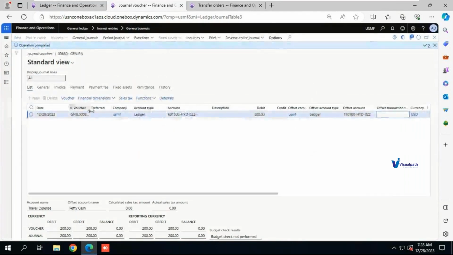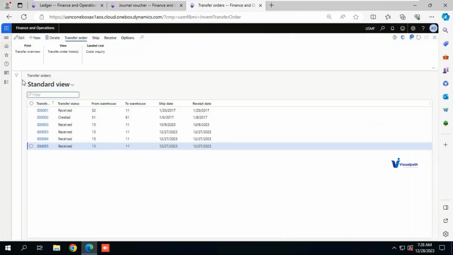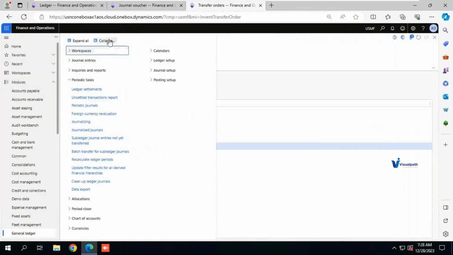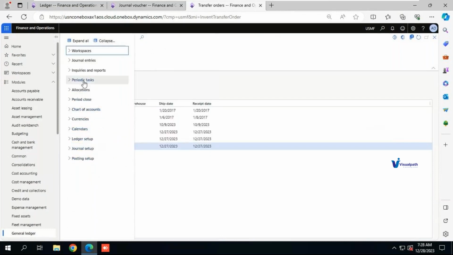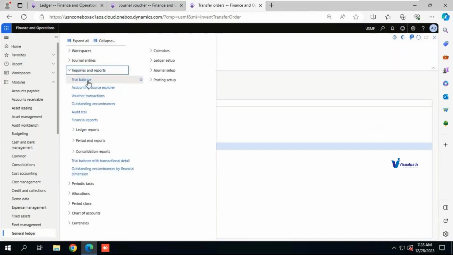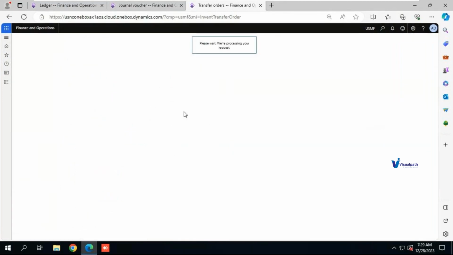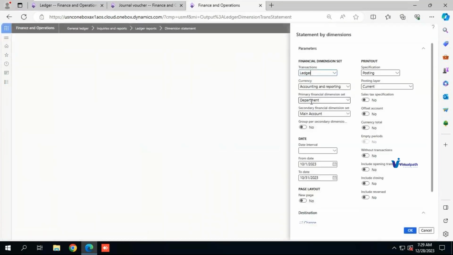Once it is posted, now you can verify the reports from general ledger, collapse all, inquiries and reports. Here, dimension statement. Give me a second, it is opening the report. So here, department and main account.